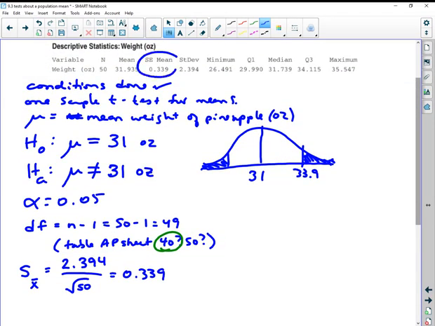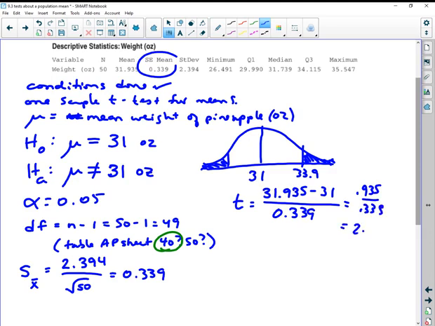Oh, they gave you the standard error right there, so we actually had that number already. Let's now do our test statistic. I get 0.935 over 0.335, so around 2.758.